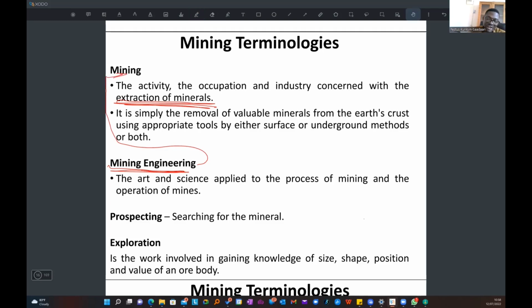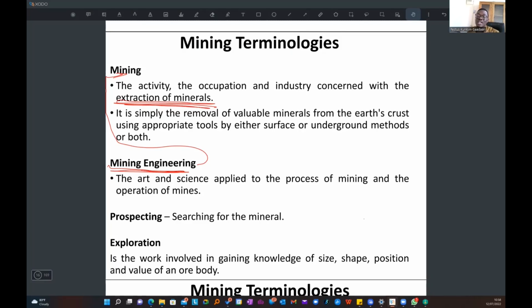So mining engineering is now an art and science applied. The art and the science, the theories and the concepts that you are going to learn. When you start to implement that to extract the mineral of interest to you, then you say you are doing mining engineering. When you gain the knowledge, you get to know the theories and the concepts. You have come to know that we have terminologies.